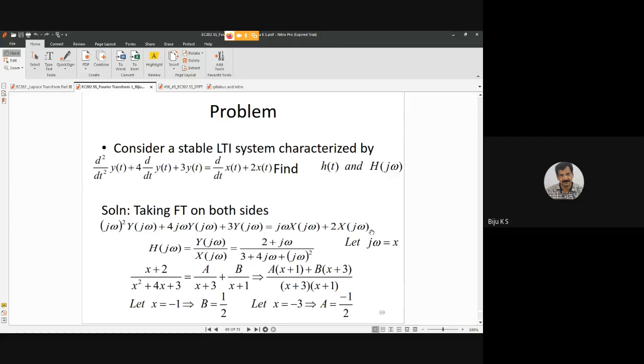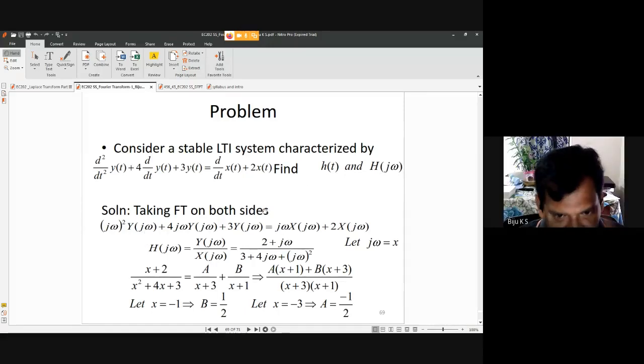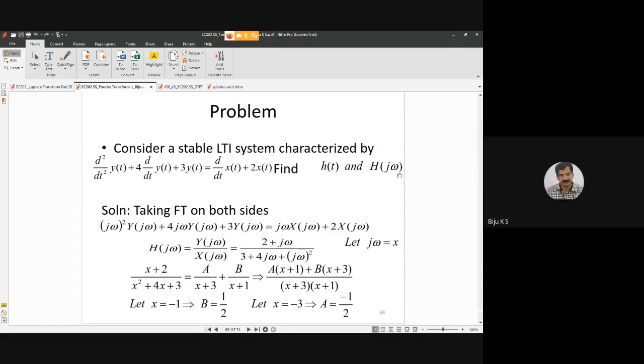First you take H(j omega), the transfer function of this system. From the transfer function, you can calculate the magnitude of H(j omega), and that is the magnitude response.